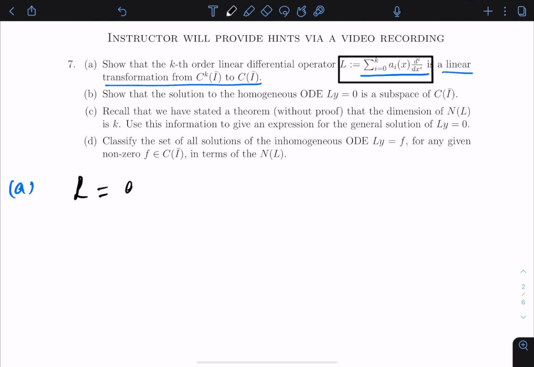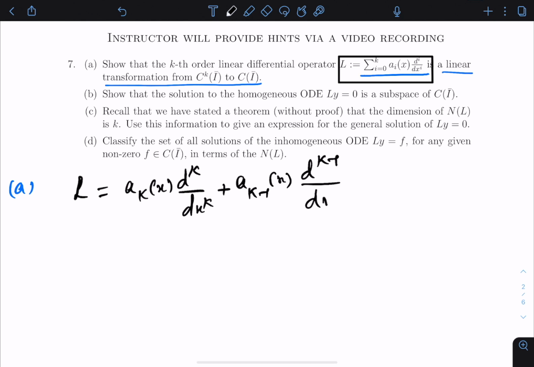So this is, let's say, a_k of x d^k/dx^k, the kth order derivative, then the k minus 1 order derivative, and so on, up to a_1 of x d/dx plus a_0.